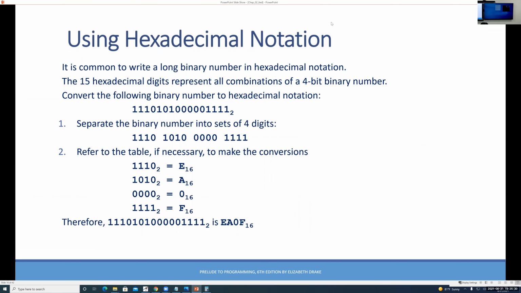Okay, so here's the hexadecimal notation. If you want to convert a series of binary to hexadecimal notation, you just group every 4 bits together. Remember, you group from the right to the left. You group this one 4 bits, this one 4 bits, this one 4 bits, and this one 4 bits here.